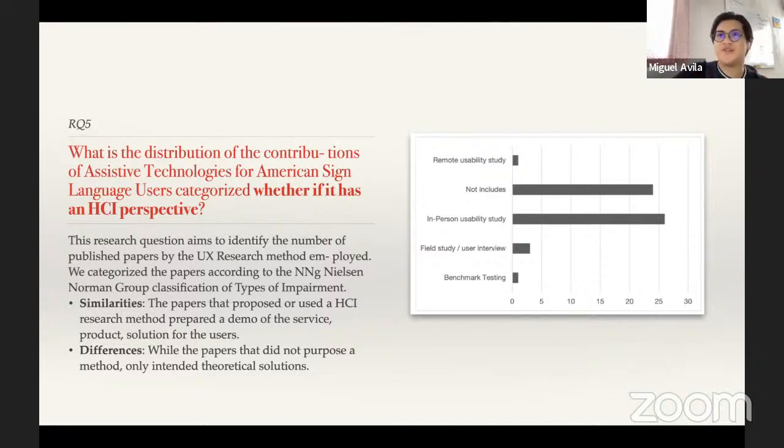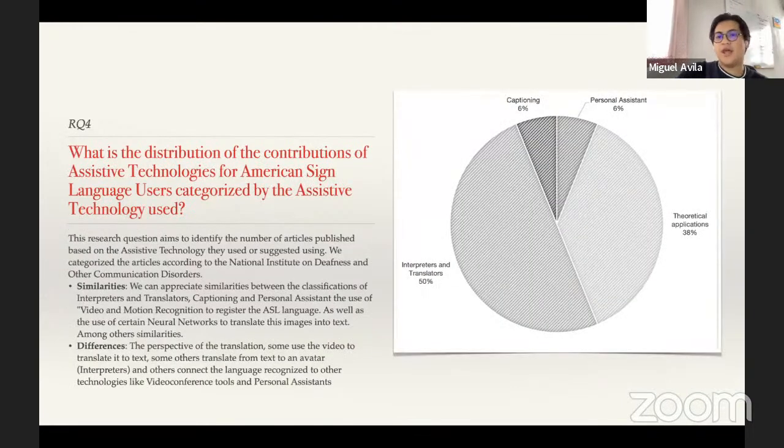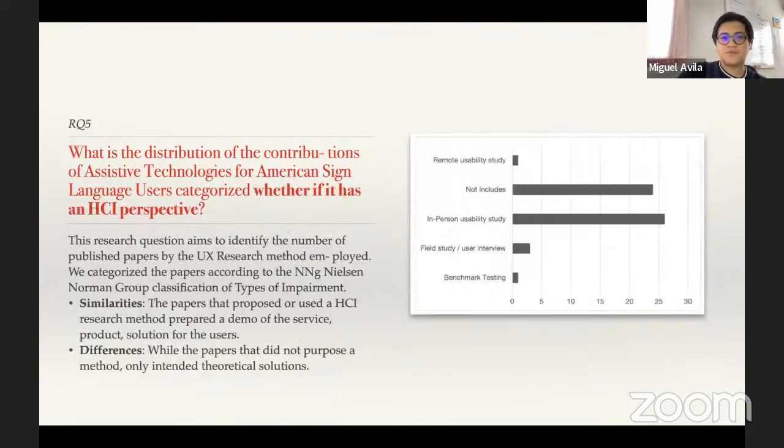And that's pretty interesting because we can have with these papers more context about whether the solution really worked or it didn't. And also, the main difference is that the papers that did not support a method only tested theoretical solutions. So basically, if we don't have a research method, we only have theoretical solutions, as you can see in our last research question.